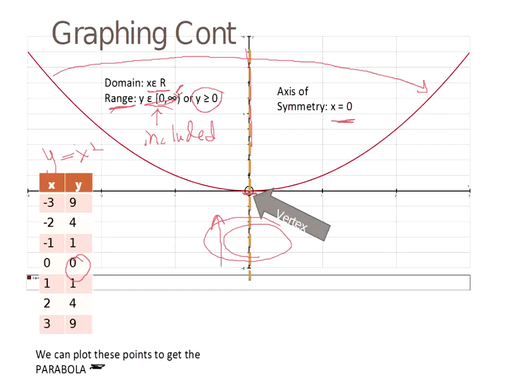And both the axis of symmetry and the range have to do with the vertex. The vertex is the most important point of a quadratic. It's where the quadratic goes from, in this case, decreasing to increasing. It's also, in other words, where the two branches meet. And this is the most important point, as we'll see later on.